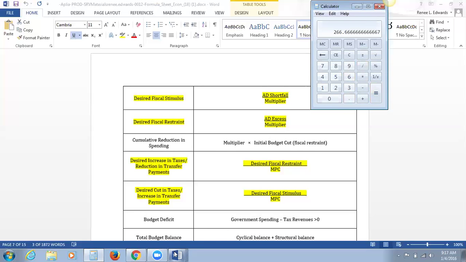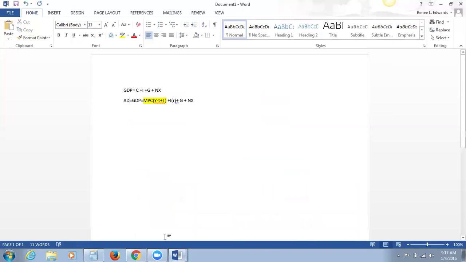So we're basically saying $160 in, let's say, government spending is equivalent to $267 in a tax cut. Remember, we can increase government spending or we can decrease taxes.